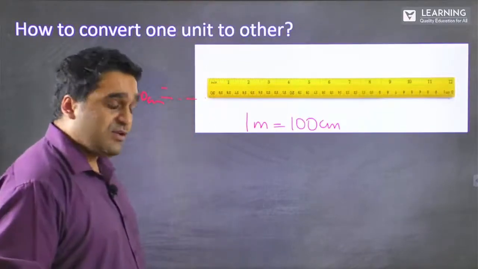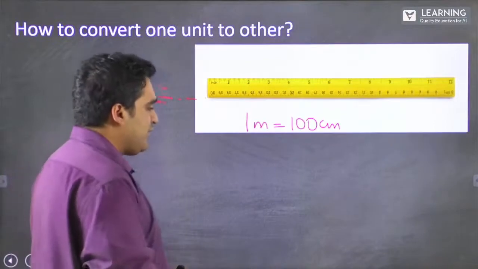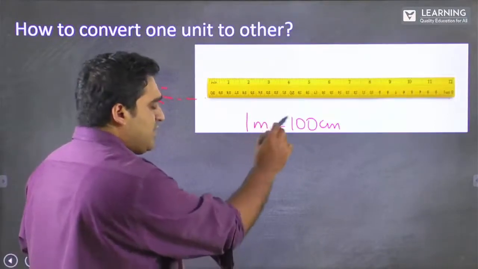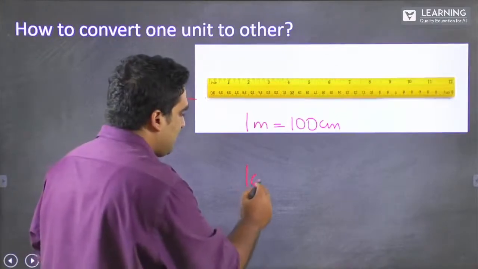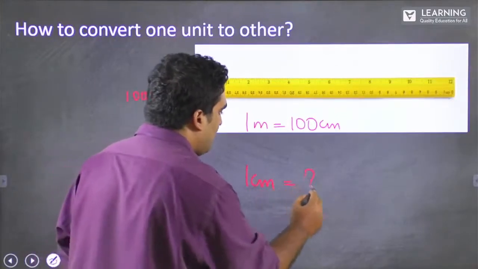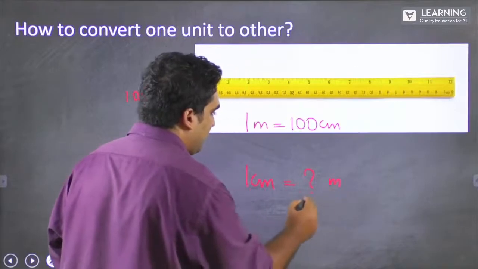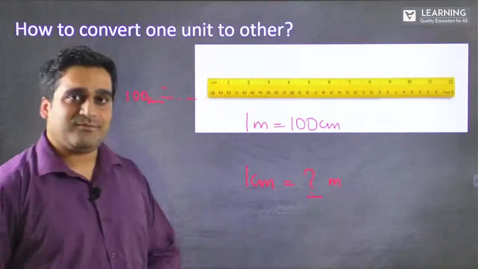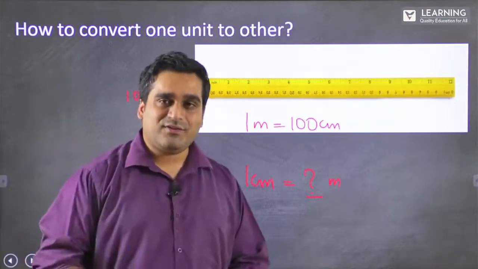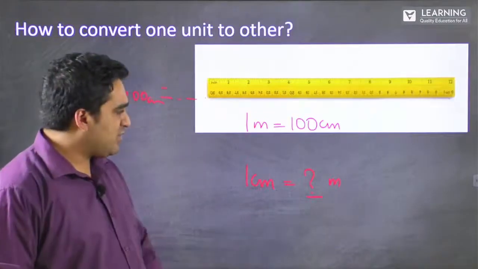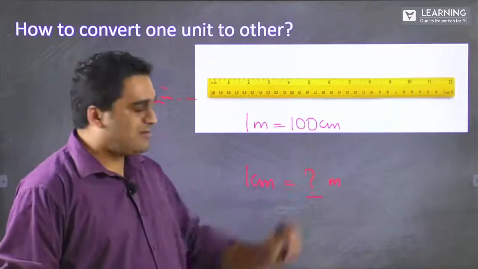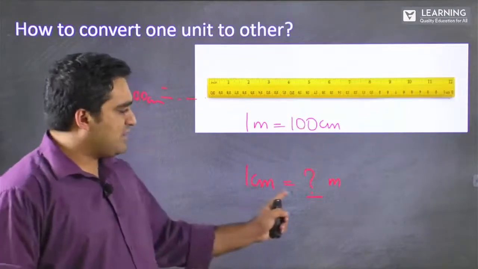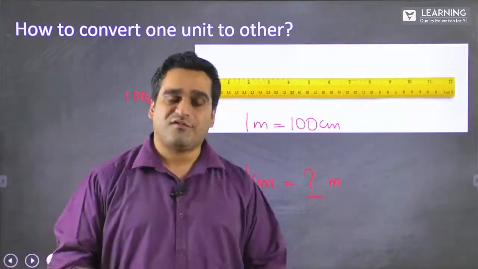Now, here's another question for you. Try to answer this. If 1 meter equals 100 centimeter, then 1 centimeter equals how much of a meter? Go ahead, try to solve this.